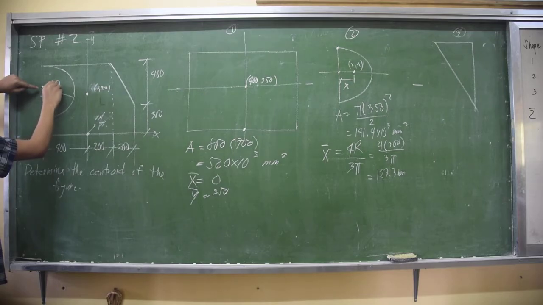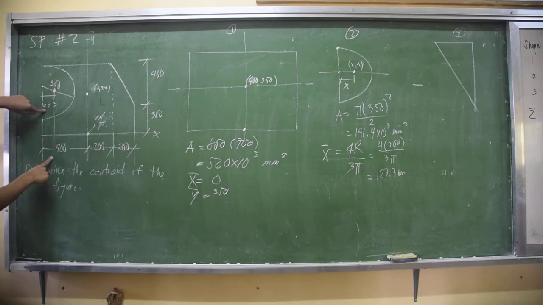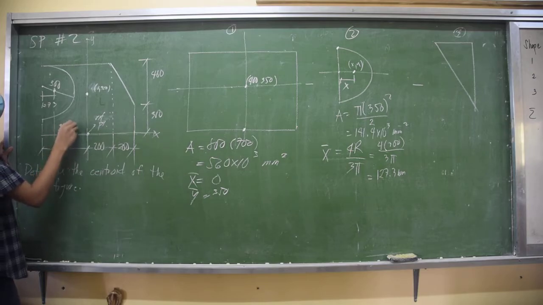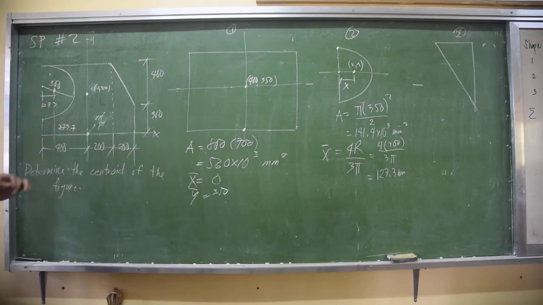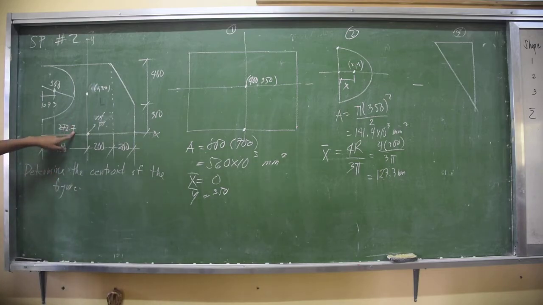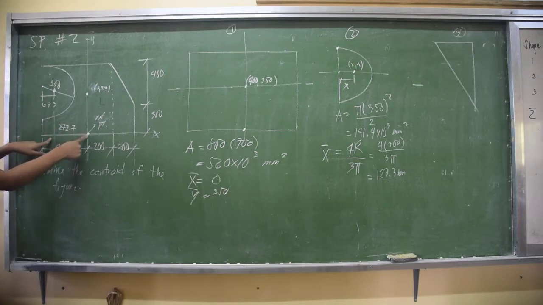So this distance is 400 minus 127.3, that is equal to 272.7. So, this is its distance from our reference point.